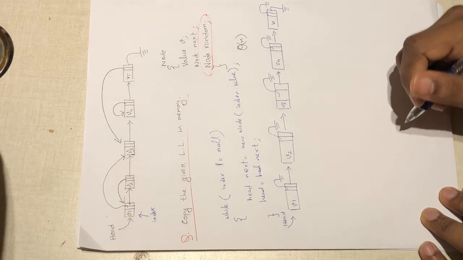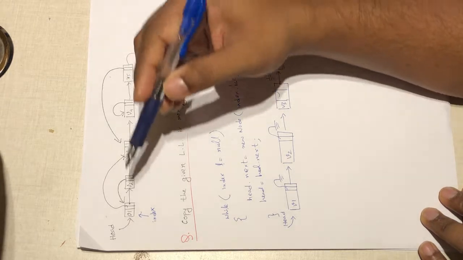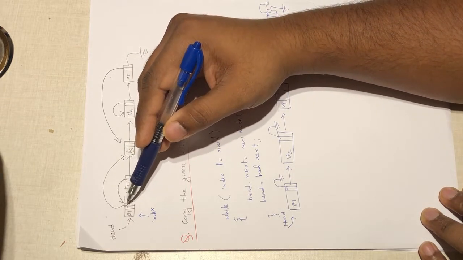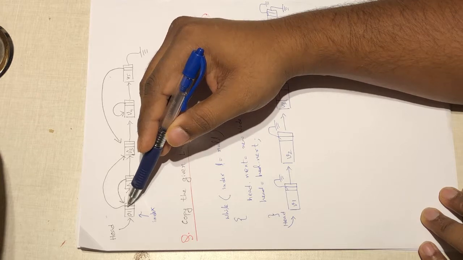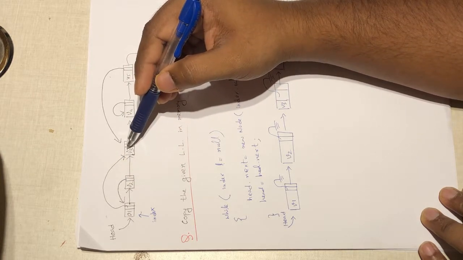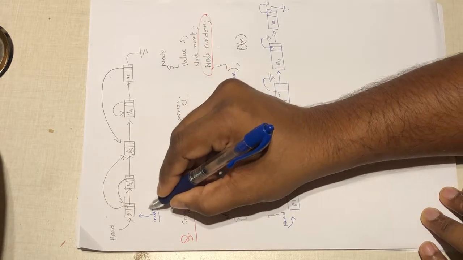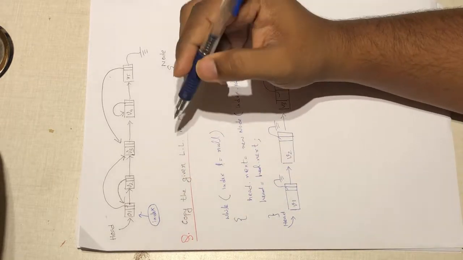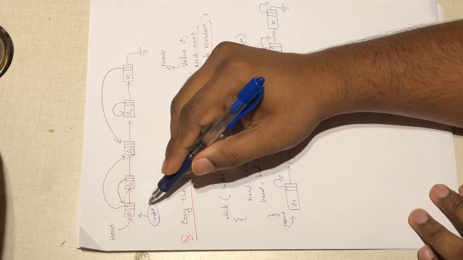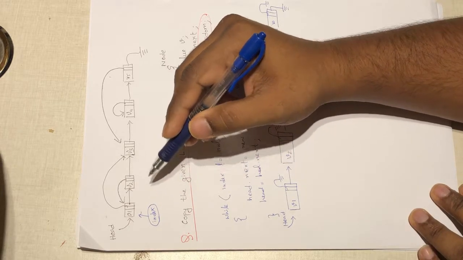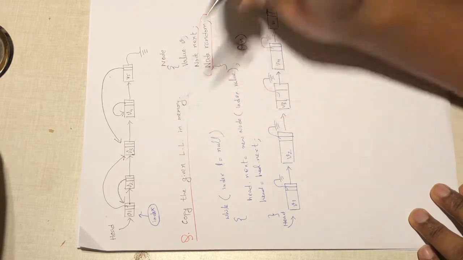Now if you try to set the random, you see what this is doing. So v1's random is going to v3, right? Even if we again start iterating using this index, you'll see v1 or index nodes random is going to v3.